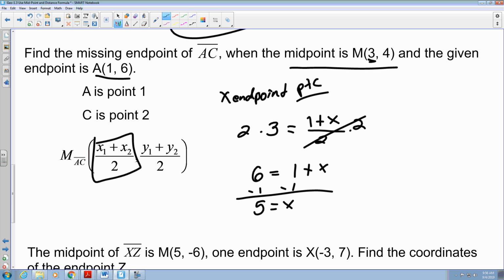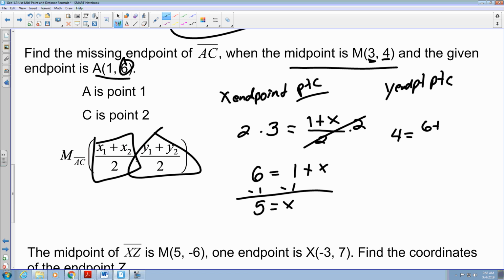Now we need to find our y endpoint for point C. And you're going to do the same thing. Now we're just going to use the y portion of this. So we're going to take our y midpoint, which is 4. So now I got 4 equals, now I go over to my y coordinate for A, which is 6.